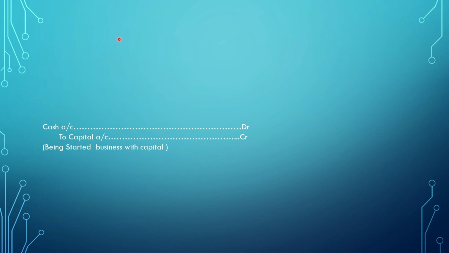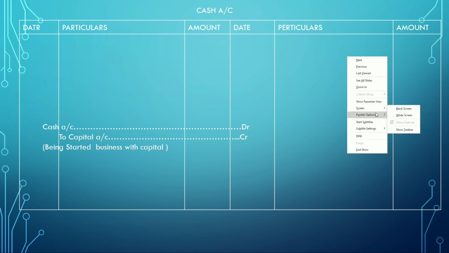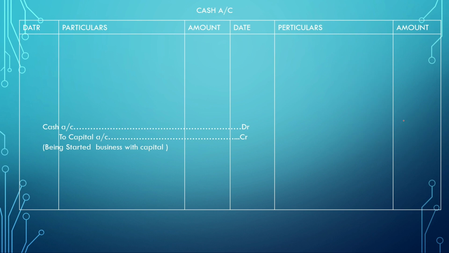Now we will open the ledger account. This part is the debit part, and this right hand side is the credit part. Debit, credit. Okay, this account is a cash account.